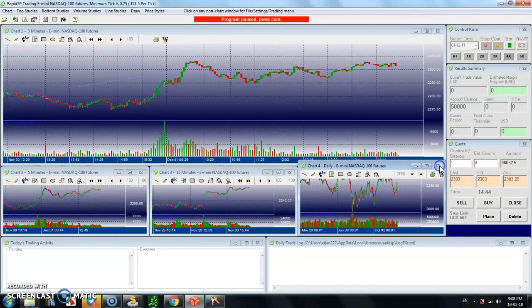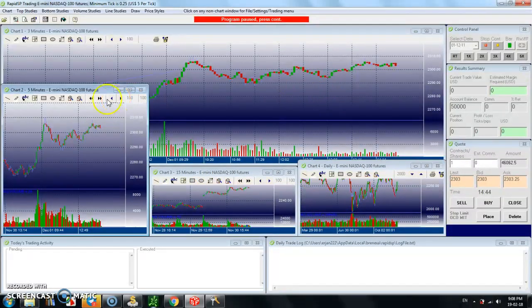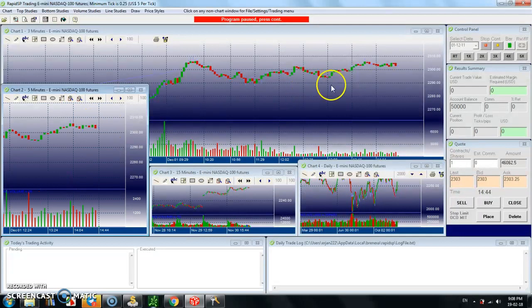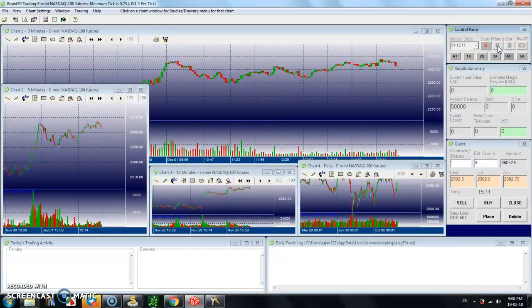Okay, we don't need it. One thing I see is that perhaps the 5 minute is not moving as fast as I wish. Let me replay it again. Oh wait, it's actually moving.